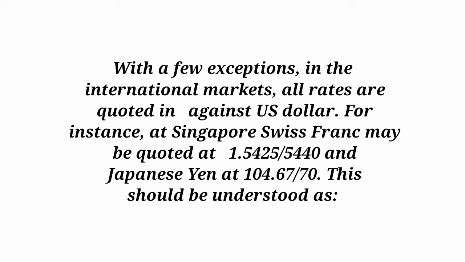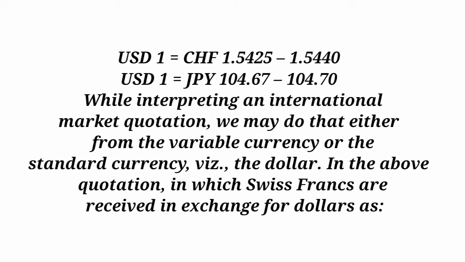For instance, at Singapore Swiss franc may be quoted at 1.5425 and 1.5440, and Japanese yen at 104.67 to 70. This should be understood as USD 1 equals CHF 1.5425 to 1.5440, and USD 1 equals JPY 104.67 to 104.70.